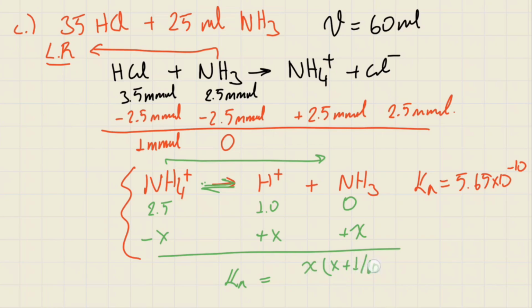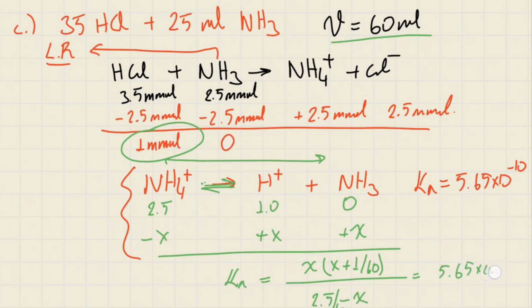Since the total volume is 60, we use the millimole, over 2.5 over 60 minus x, equal to 5.65 times 10 to the minus 10. We can say that x is a very small number. Right? We don't have to calculate.